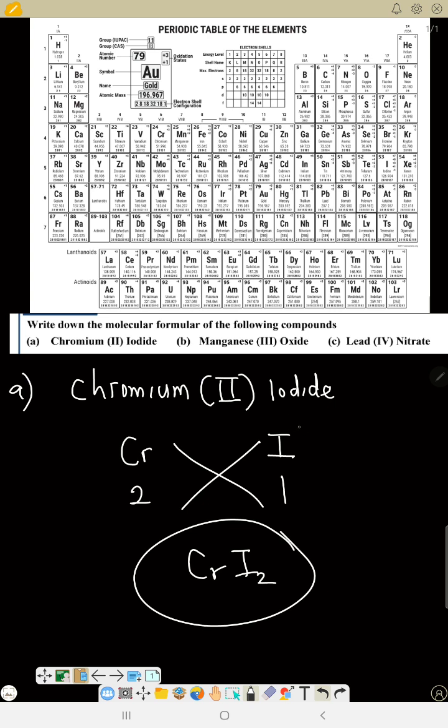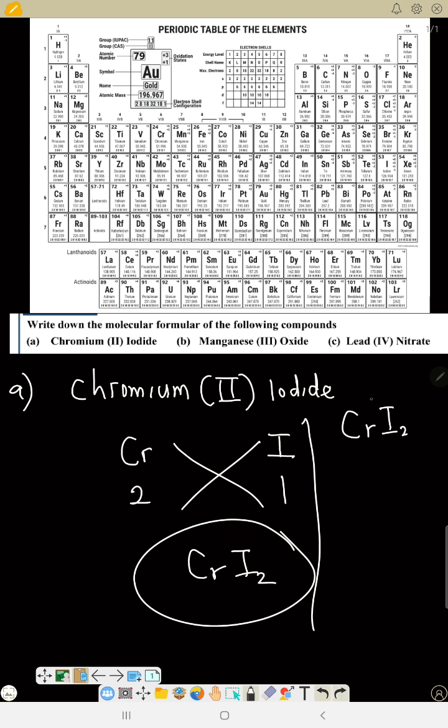Now let's say I don't know, I just see CrI2. How can I name it? If I see CrI2, I'll first look at chromium: is it metal, is it non-metal, or is it transition metal? If I have confirmed that it's a transition metal, I will know that my naming must involve a Roman numeral.